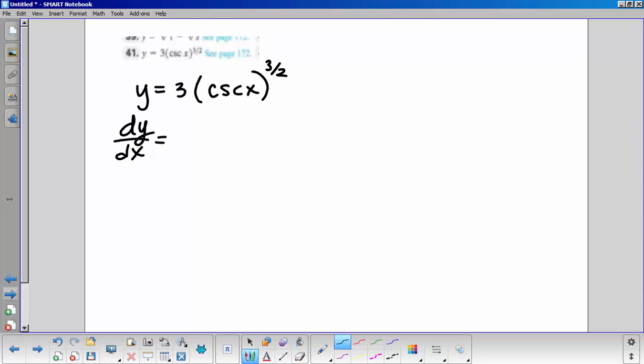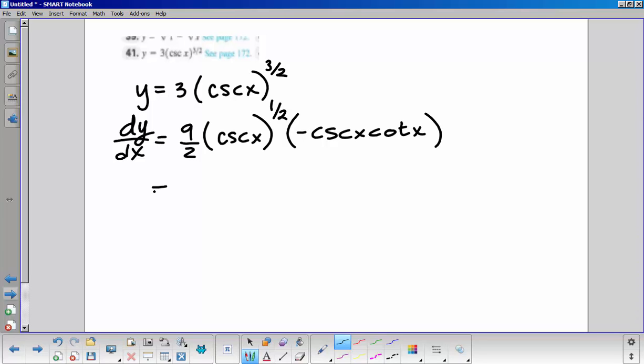So power down, which makes it 9 halves, good. Function, lower the power 1, which makes it to the 1 half times the derivative of the inside, which is negative cosecant x cotangent x, yes.